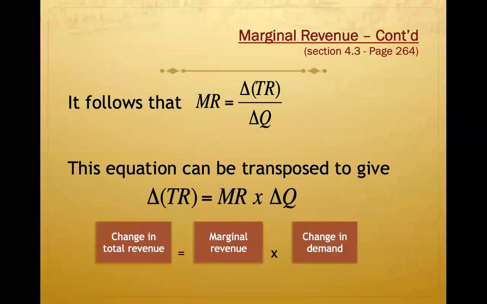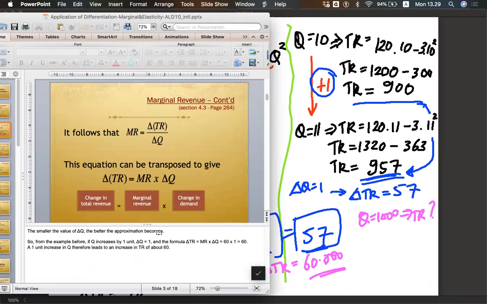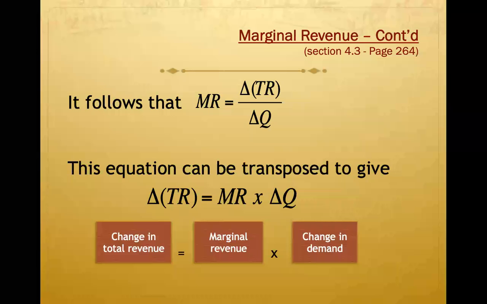So I also give some note here, a 1 unit increase in Q therefore leads to an increase in TR of about 60, approximately 60. So it might not be exactly 60, but it's around 60. That's how the marginal works or is interpreted.